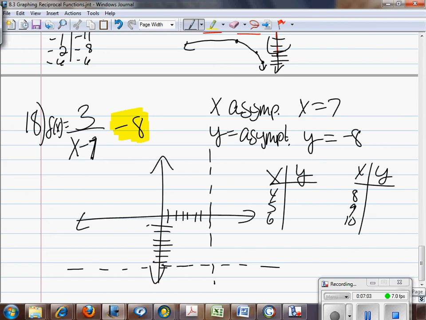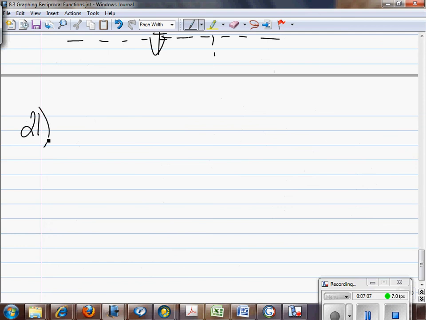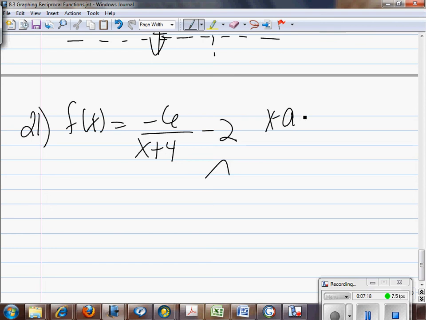Okay, you should have had 21 down. It's the same idea. I'll do it again one more time, but not all the way out. F of x is equal to negative 6 over x plus 4, minus 2. So the x asymptote was x equals negative 4, because that's what would make the denominator 0.